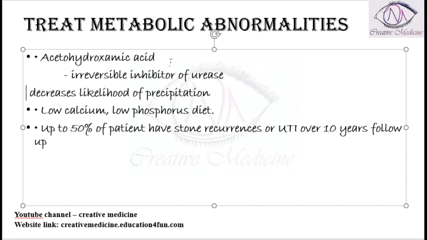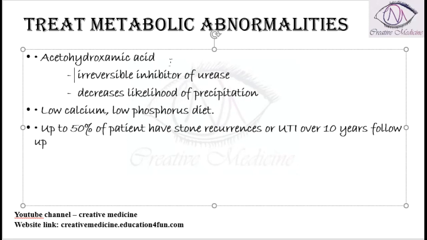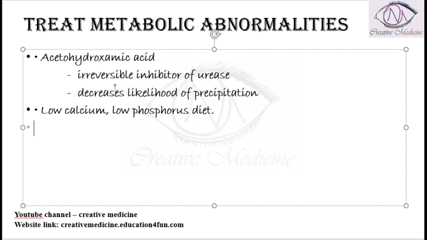This acetohydroxamic acid will decrease the likelihood of precipitation, because here the stone is a struvite stone. So this is an irreversible inhibitor of urease, and thus it inhibits the high ammonia concentration. A low phosphate and low calcium diet is recommended in these patients, and this is the main treatment.